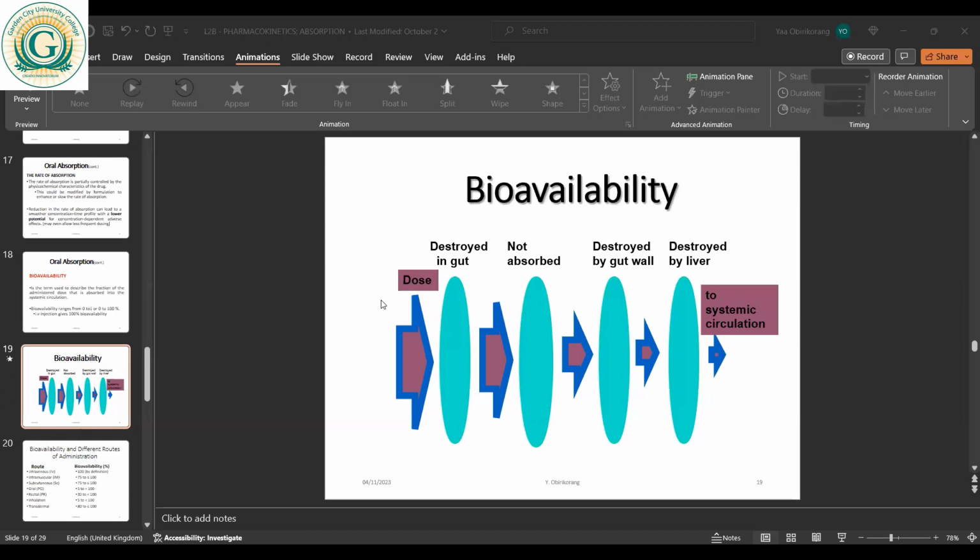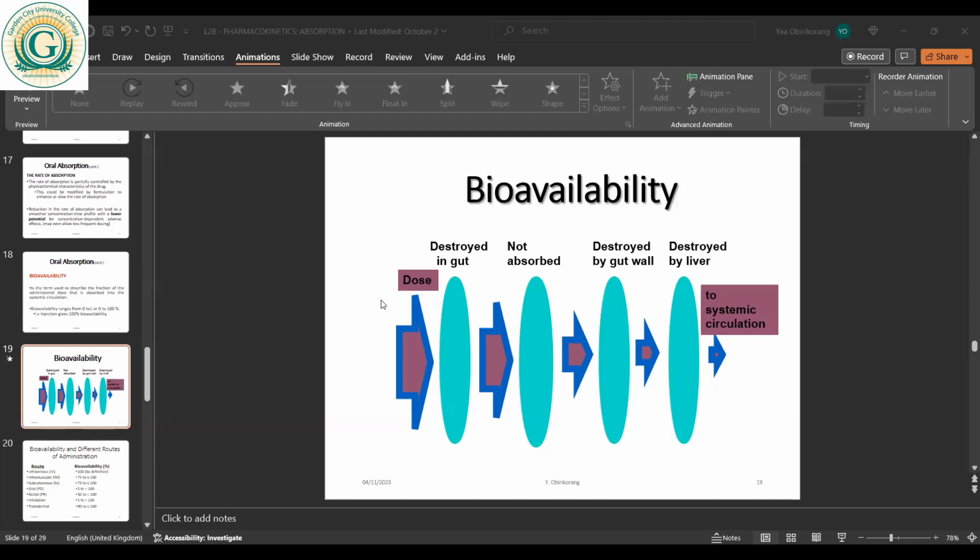Once you administer any drug, now when they are developing the drugs, they take all of this into consideration.